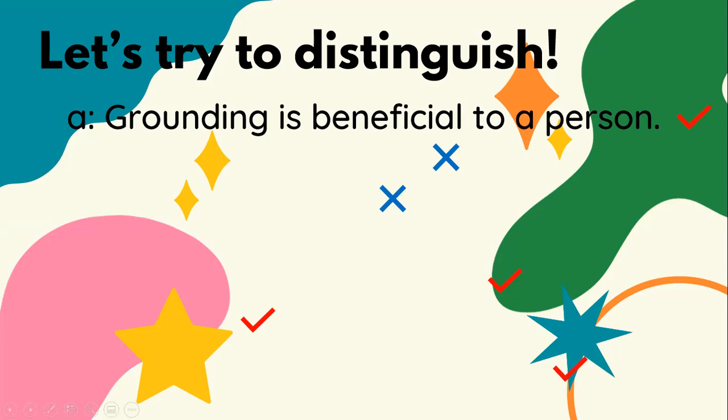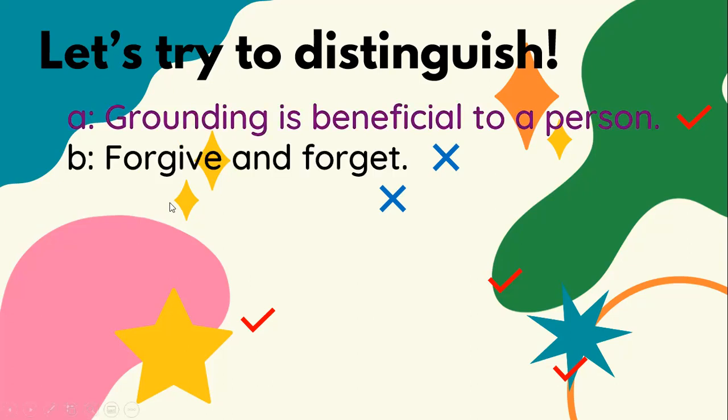Kung ano yung pinaniniwalaan, if grounding is beneficial to a person, depende po yon. May iba't ibang nagiging epekto ng grounding. Pagka halimbawa, sinabi ng inyong magulang na, oh, you're grounded. For some, beneficial siya, but for others naman, nagiging negative yung effect ng grounding. So, again, this is a declarative sentence. That's why it's an example of a proposition.